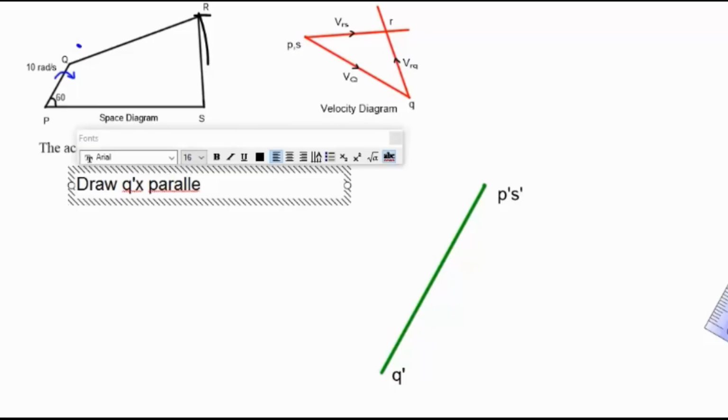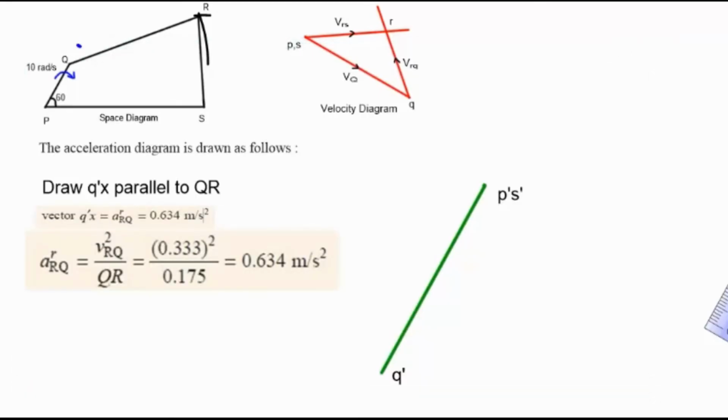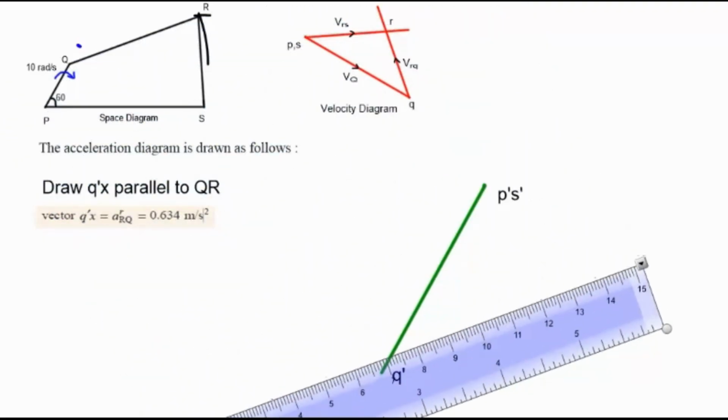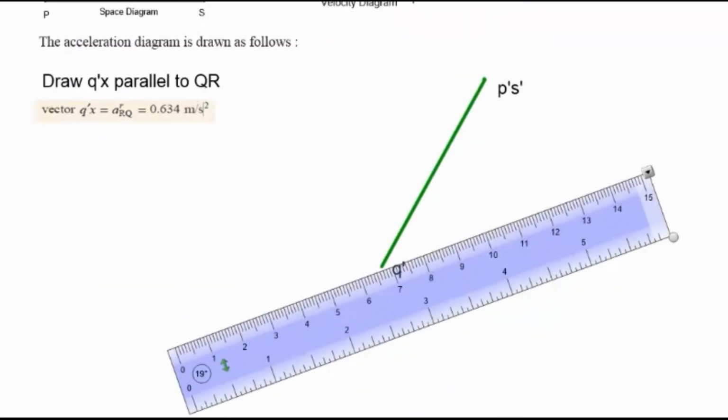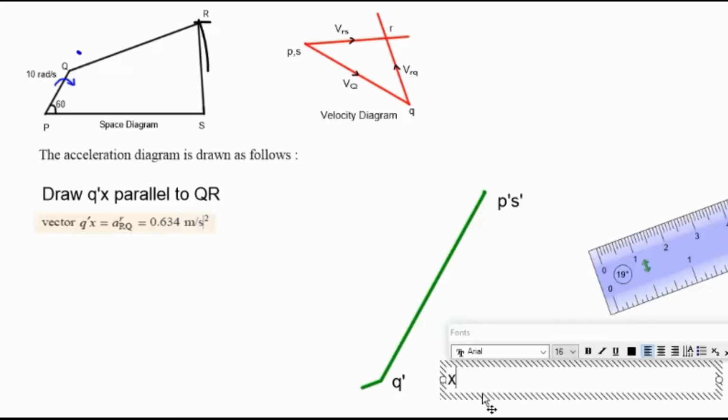Now we will try to get the point R. First we will draw QR. For QR, we know the radial component. Since the magnitude is known and the direction will be parallel to QR, we can draw the vector. This vector which we draw now represents the radial component of AQR, whereas the tangential component is unknown.